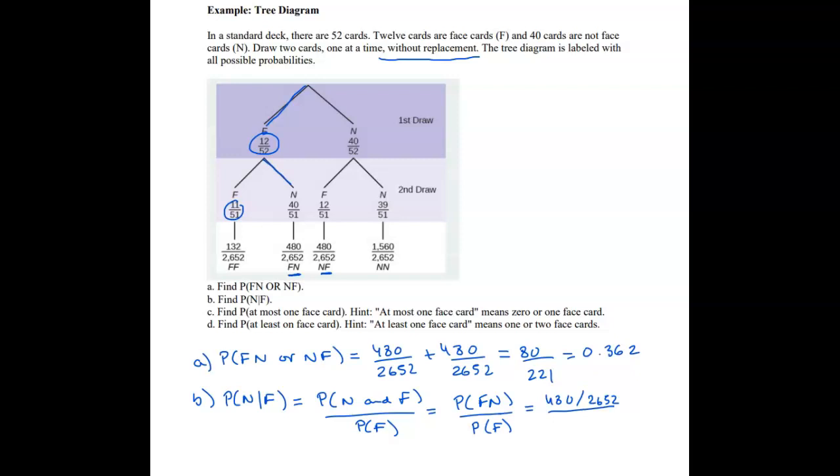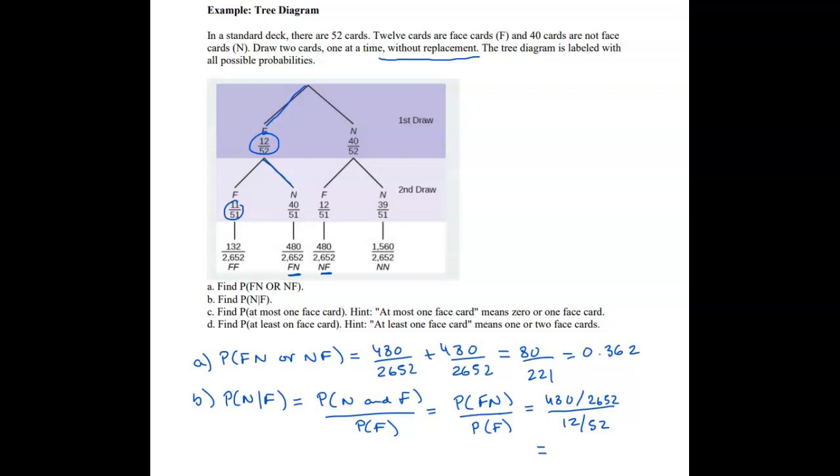But it's the same number, so it doesn't really matter. And the probability of picking a face card is 12 out of 52. All right? So we're going to divide. So 480 divided by 2652 divided by 12 divided by 52.